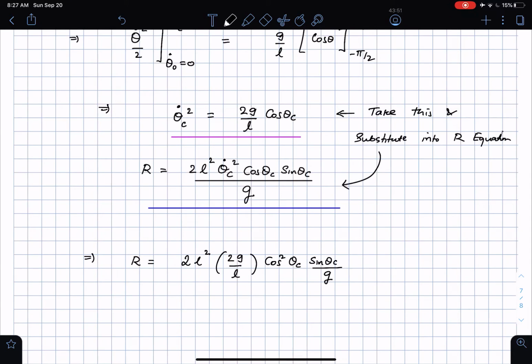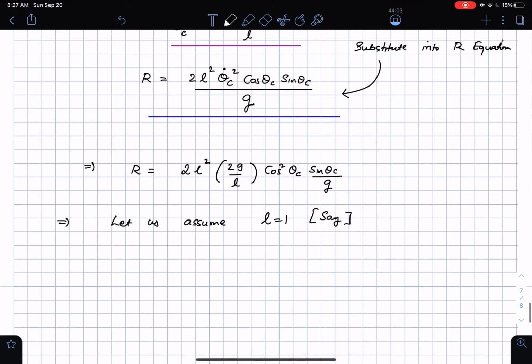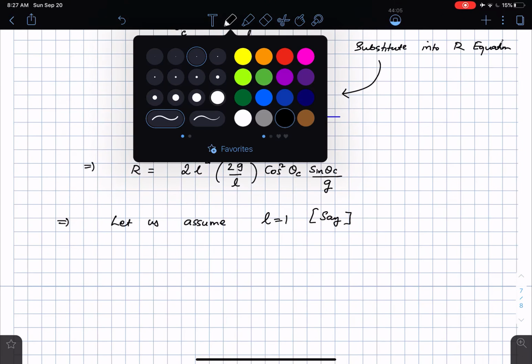Let me assume that the string length is equal to 1, so L is equal to 1. Not necessary, but we can. I'll cancel off some common terms.